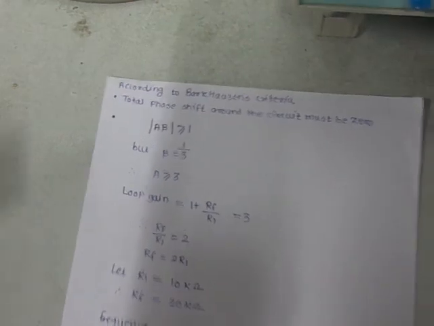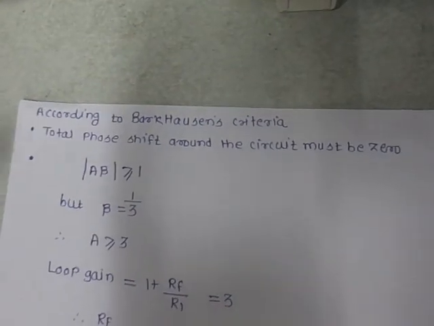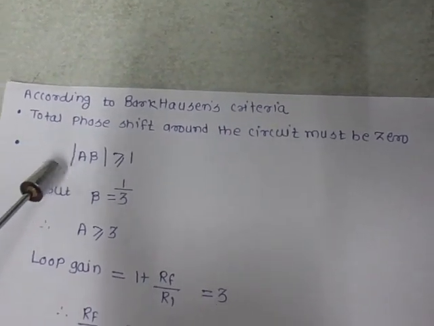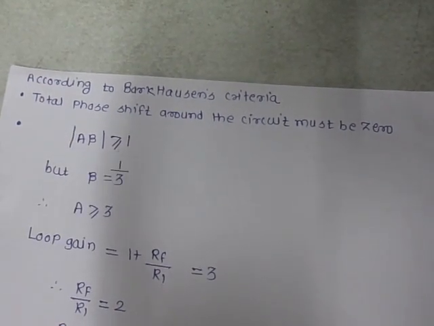Let us consider some basic equations about this operational amplifier oscillator circuitry. According to the Barkhausen criteria, the total phase shift around the circuit must be 0, and the mod of A beta, that is the gain and feedback factor product, must be greater than or equal to 1.